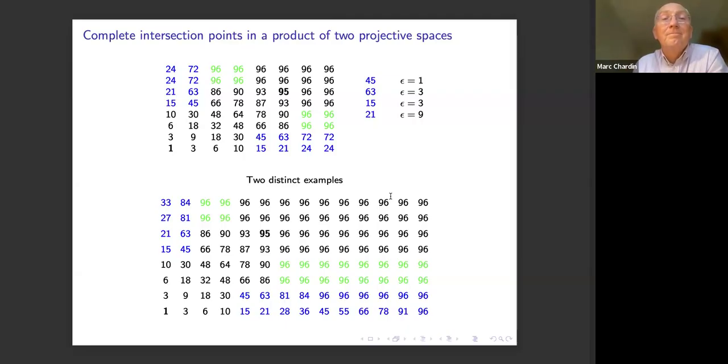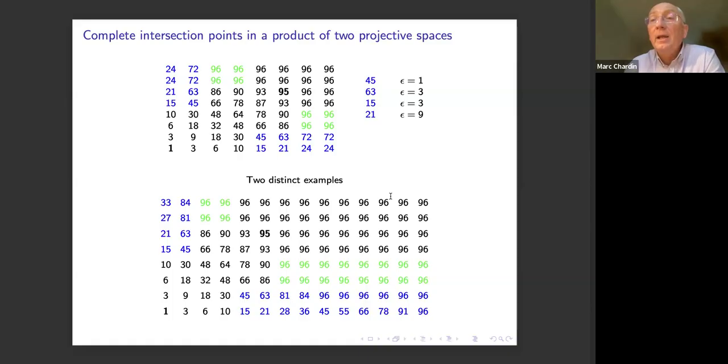So you have a center of symmetry, and you have that the sum is always equal to 96. And now you also have this blue part of the square, where you have, for instance, the first and second, 45, 63, 15, and 21.